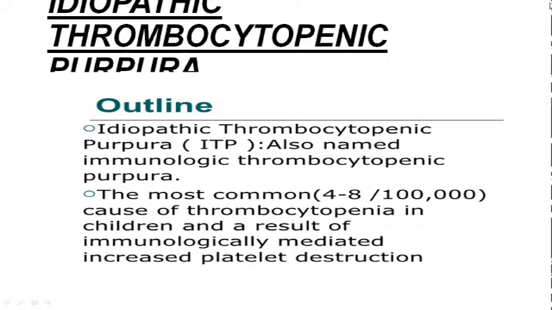ITP is also called immunological thrombocytopenic purpura, and most commonly it is thrombocytopenia in children, a result of immunologically mediated increased platelet destruction.